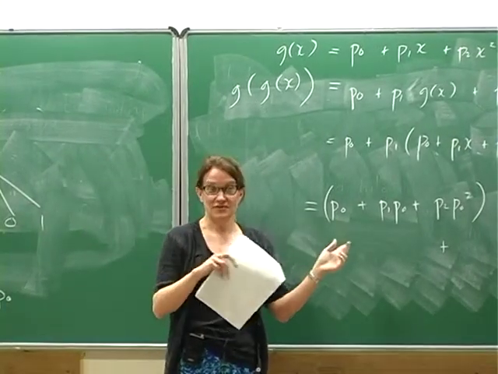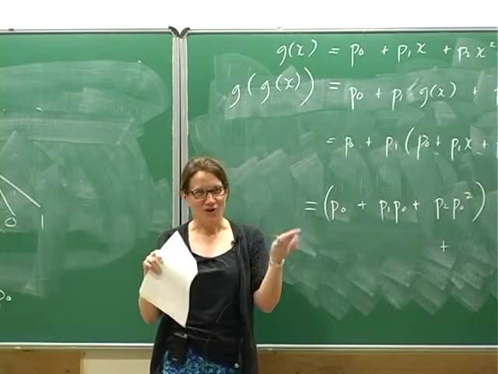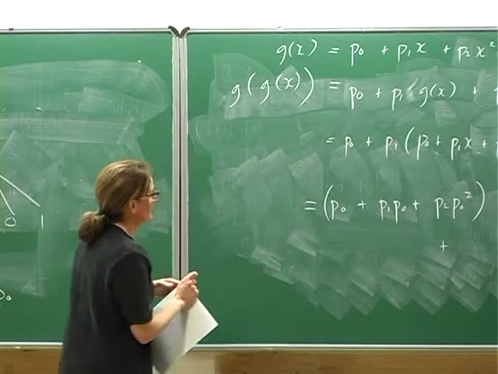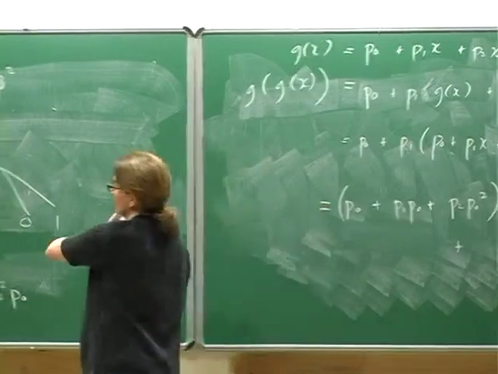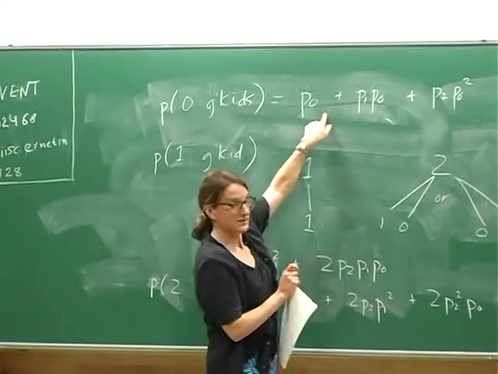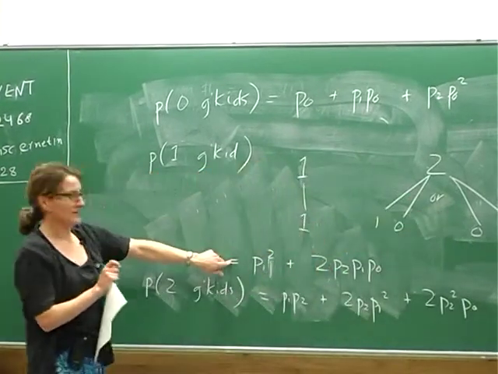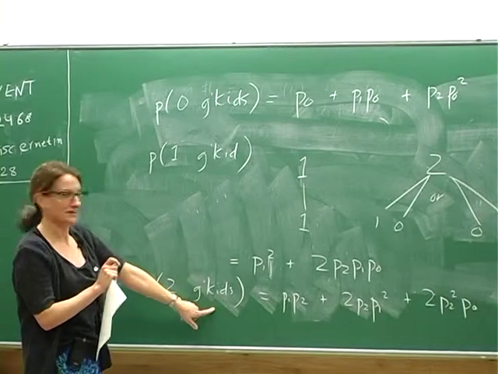Okay, so do you see? Yeah, you guys are nodding, pointing. You see this correspondence? This is what we derived, the probability of 0 grandkids. And then there is the probability of 1 grandkid and the probability of 2 grandkids.